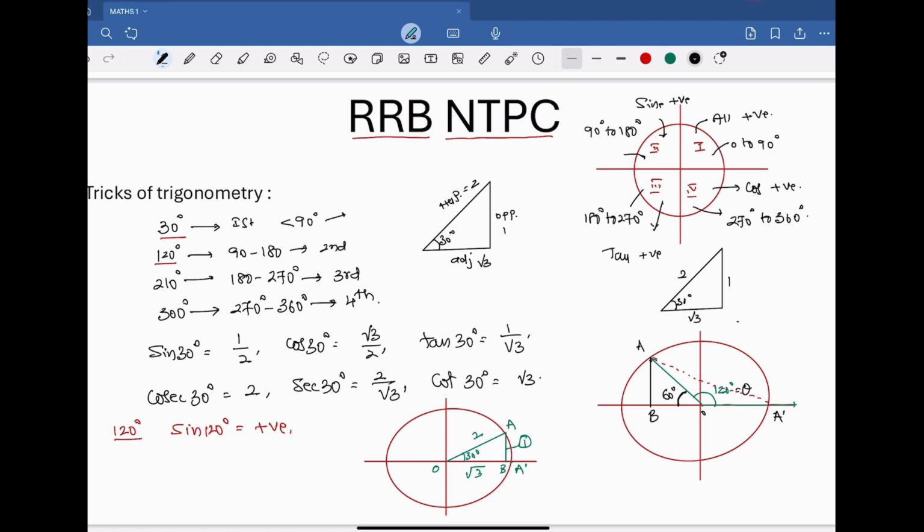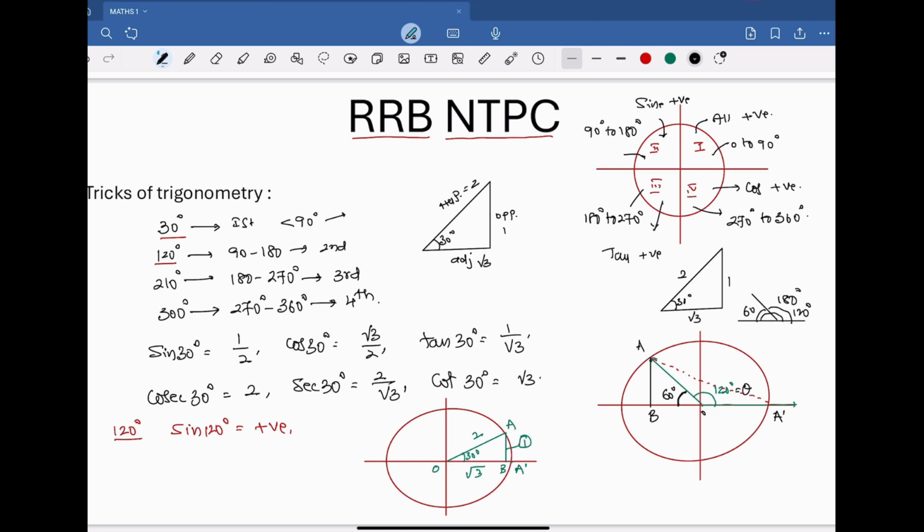Because the total angle on a straight line is 180. Out of that, 120 is taken out. Then the balance angle is 60.